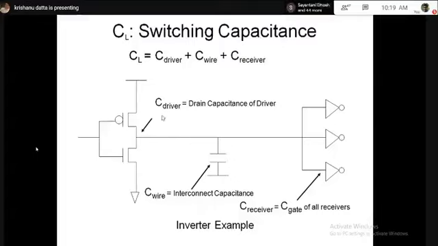Now think of a circuit where the driver and receiver have a long connecting wire in between, then the wire capacitance will dominate. Or if you have too much fan out, meaning too many receivers connected to the driver, then the majority of the contribution to CL comes from C receiver, the gate oxide capacitance.